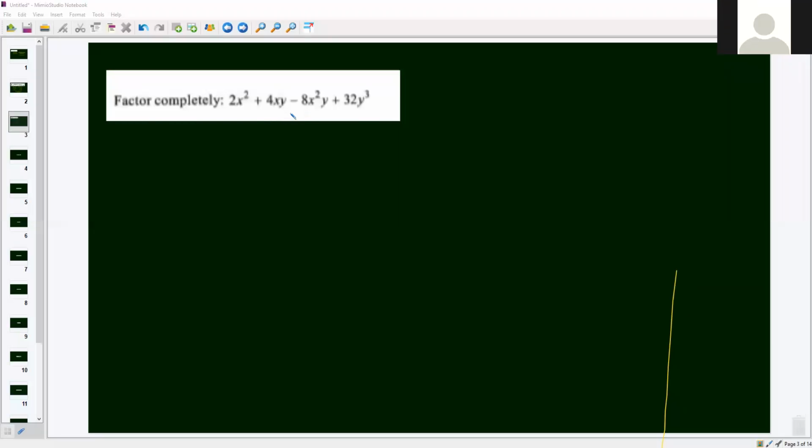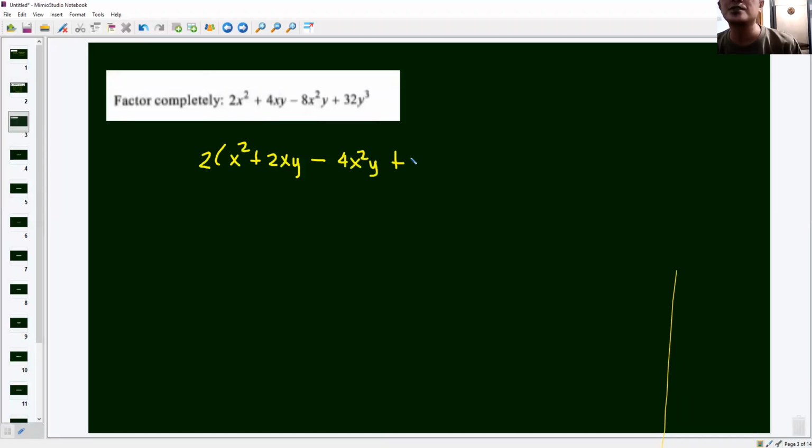Sir, baka magkaiba tayo. Okay lang, sige, we can try. Nilabas ko po kasi yung 2 muna. Good. So, x squared plus 2xy minus 4x squared y plus 16 y cubed. Tama ba?